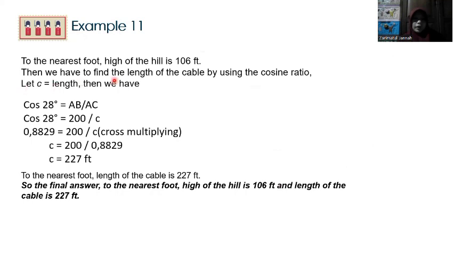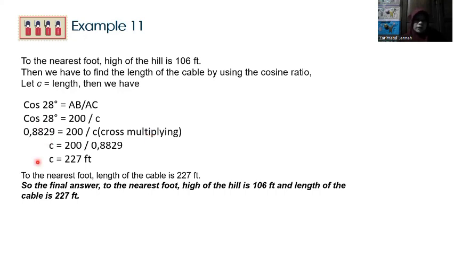Then we have to find the length of the cable by using the cosine ratio. Let C be the length. Then we have cosine of 28 degrees equals IC per IB. We know IC is 200 per C. Cosine of 28 degrees is equal to 0.883.